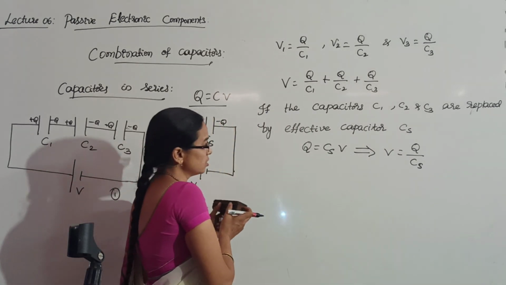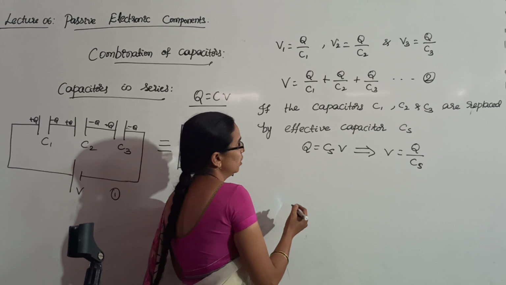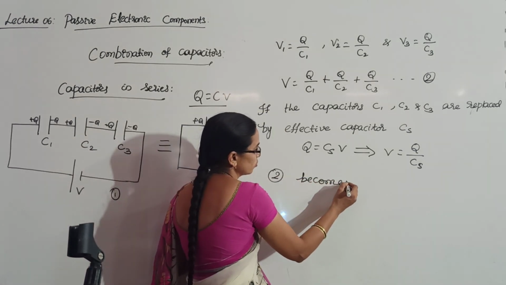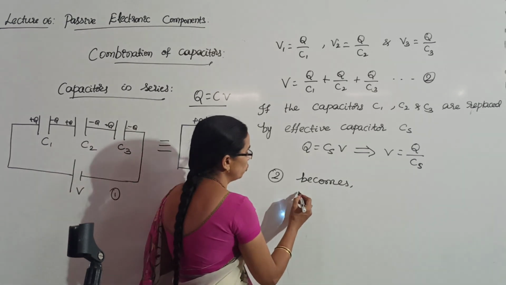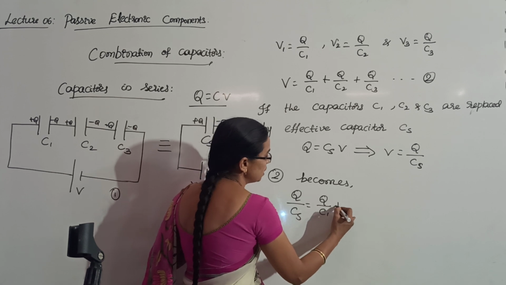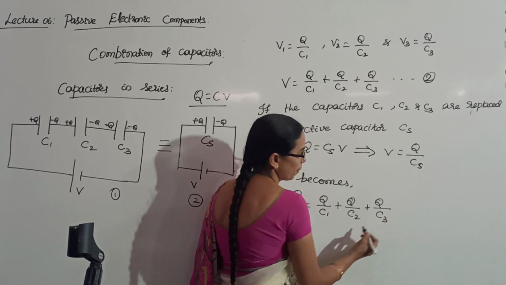So what happens to equation 2? Equation 2 becomes Q by Cs is equal to Q by C1 plus Q by C2 plus Q by C3.